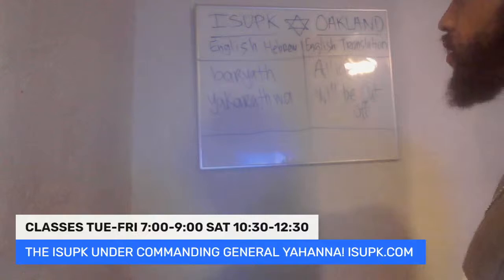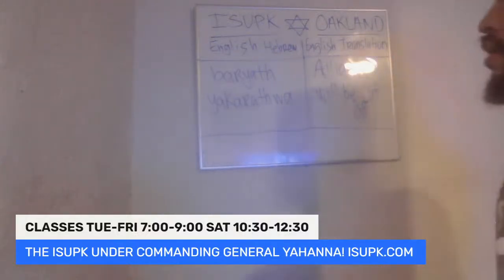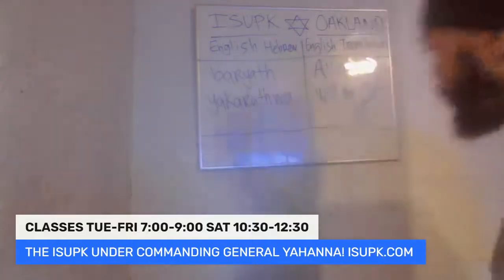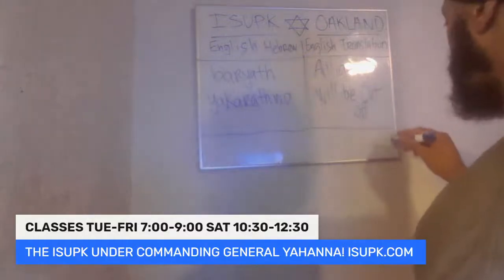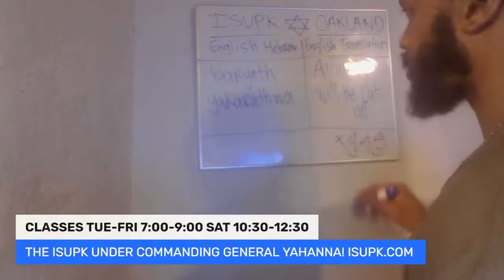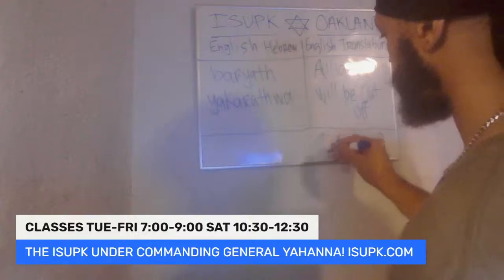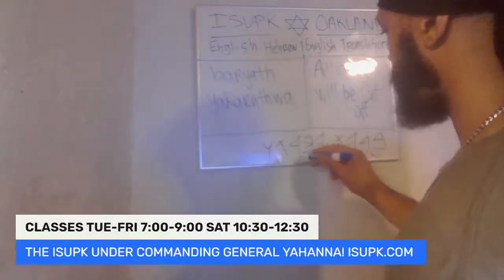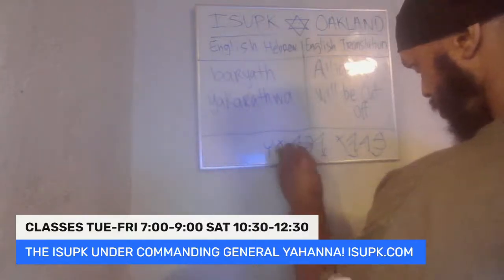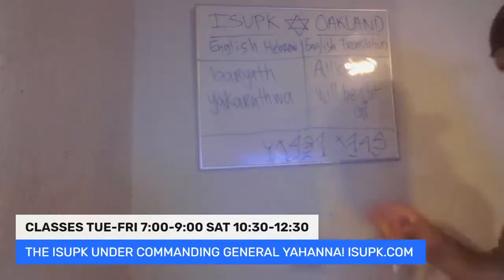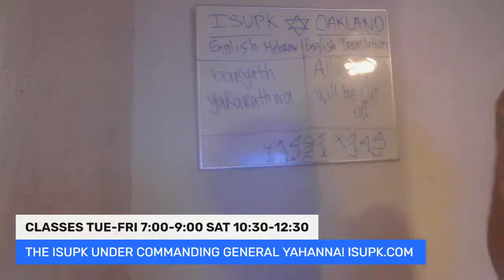So this sentence is more or less saying because they're making this alliance, they're gonna be cut off. So then it goes on to list who they are. Probably get through the 7th verse and everything. Yakarathwa. So since they're coming together against us, their alliance will be cut off.